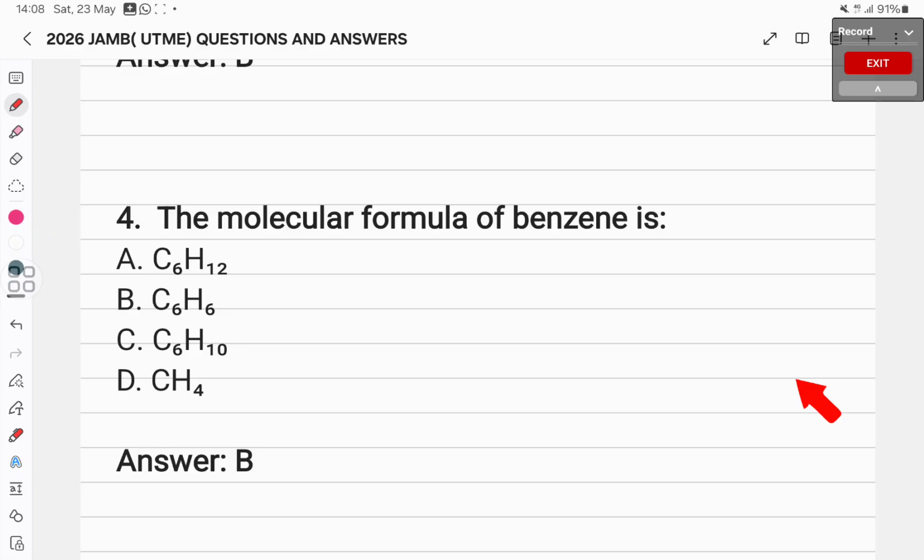This is the structure of benzene. For those who are not familiar with the structure, you have 6 carbon atoms joining together to form a hexagon as follows. You have 6 carbon atoms and you have alternating double bonds. If you have a double bond here, there will be a single bond in between.